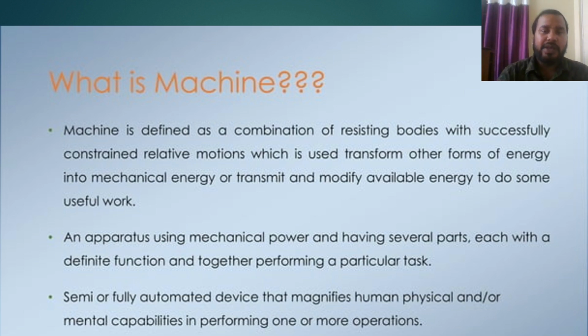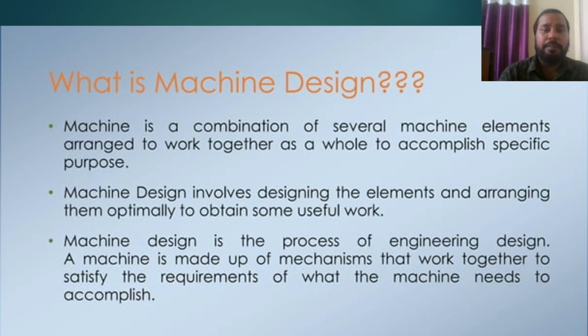So another definition we can say, a semi or fully automated device that magnifies human physical or mental capabilities in performing one or more operations, it is also called a machine. And the best definition we can say, a machine is a combination of several machine elements arranged to work together as a whole to accomplish a specific purpose. Okay. So for a specific purpose we will use a machine.